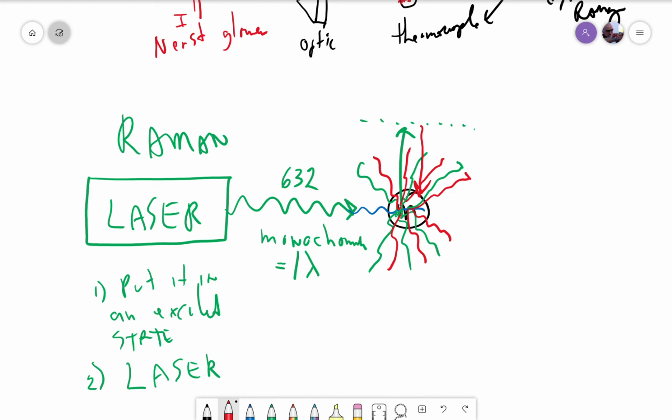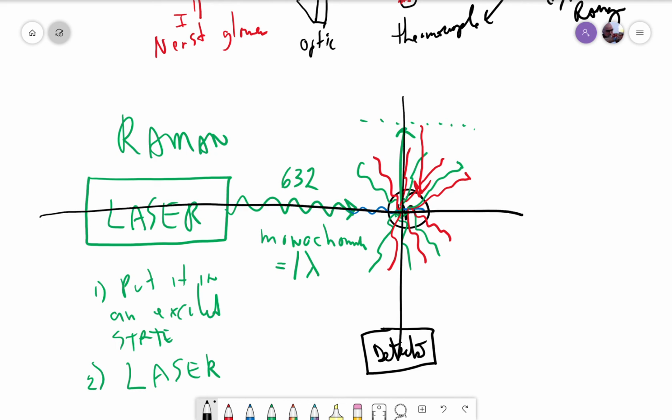That means, just like in any other fluorescence experiment, we can put the detector at 90 degrees to the source. It means all that extra emission from the source will not be detected by the detector, and we don't have to differentiate it from the photons that are being released.